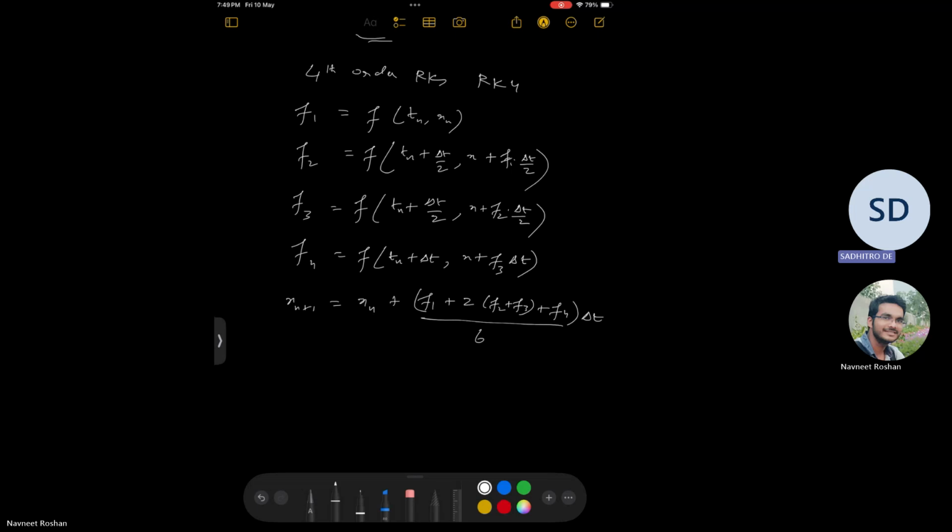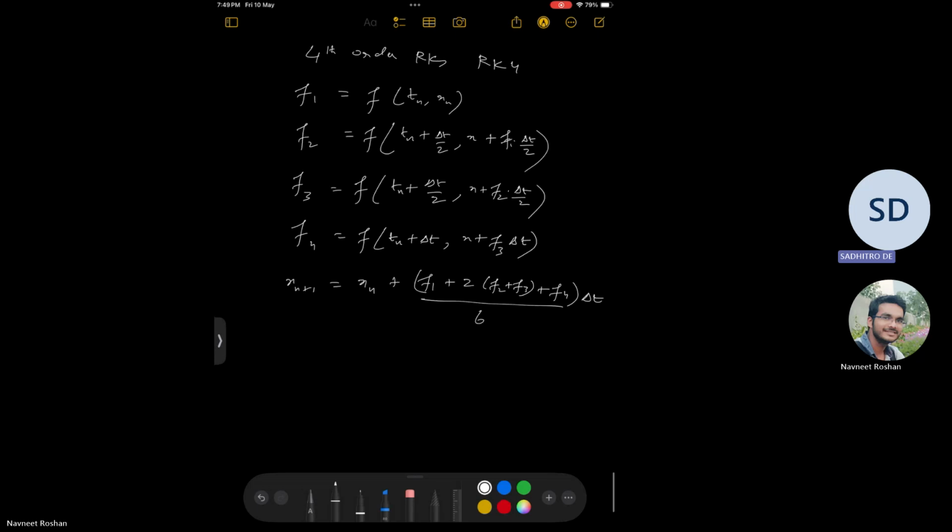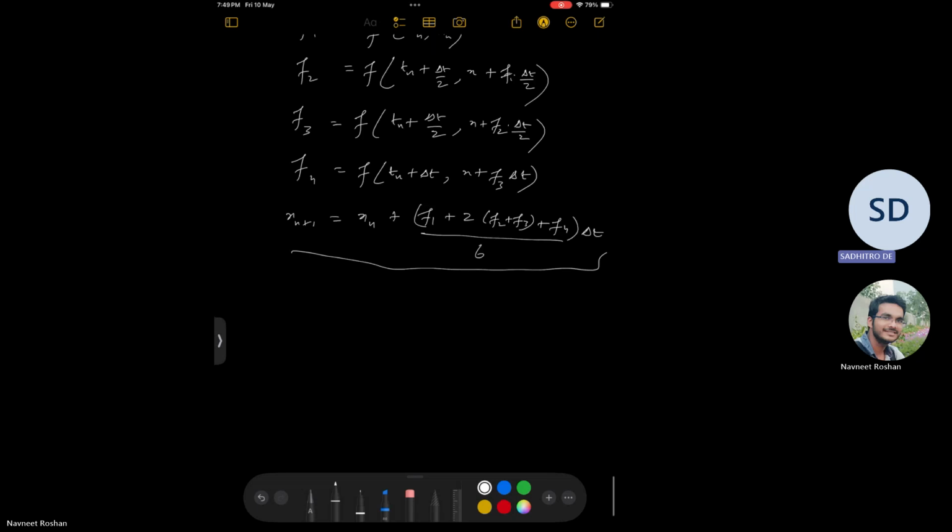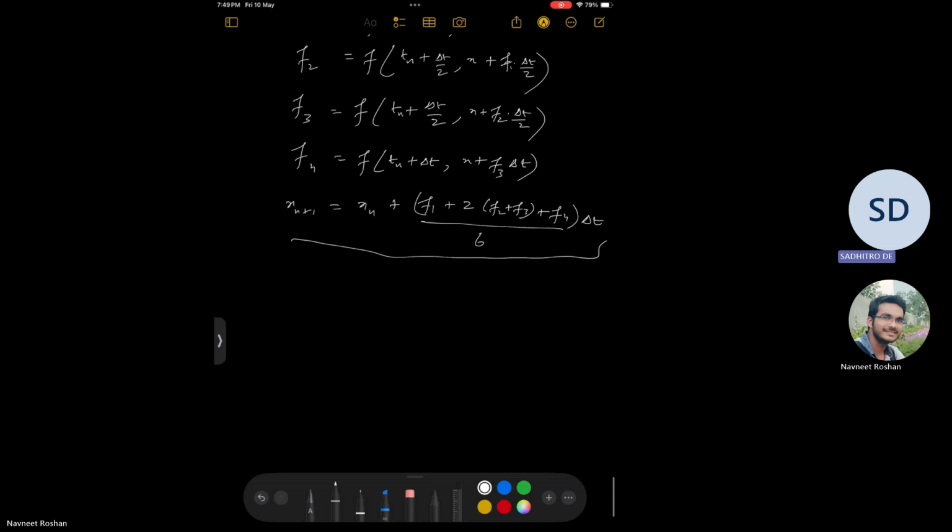Instead of approximating the solution at one point, we have made two separate approximations at the midpoint and one at the endpoint. So we get these three approximations and then we find the final solution using this equation. So this gives me the solution at n plus 1 if I know the solution at xn.